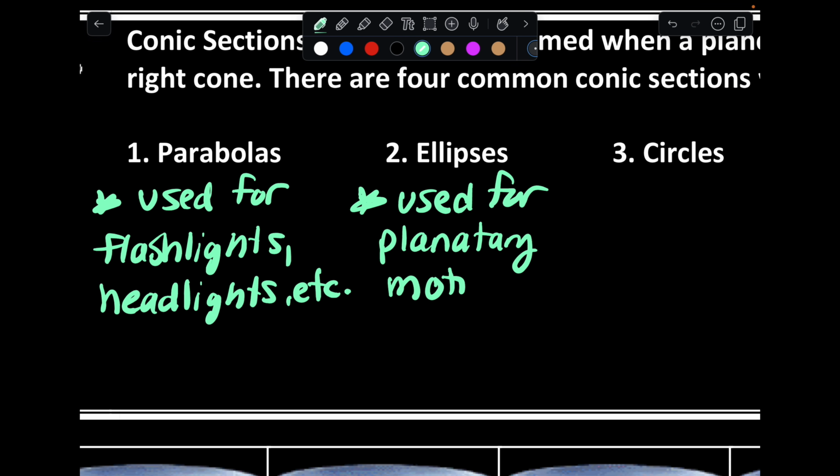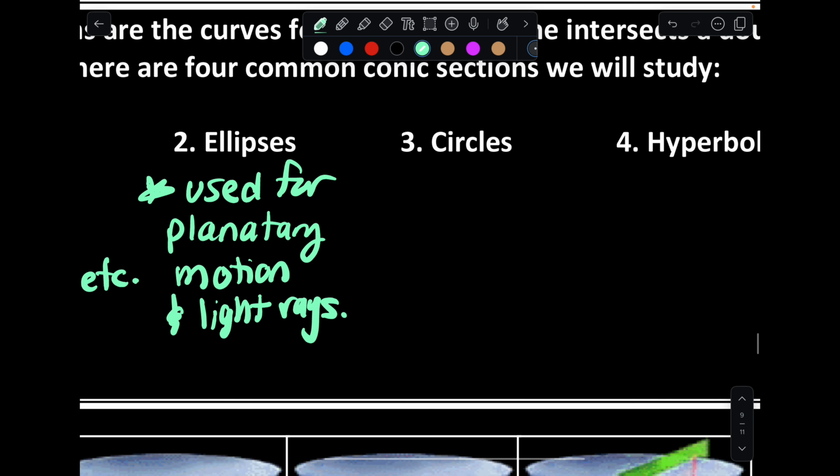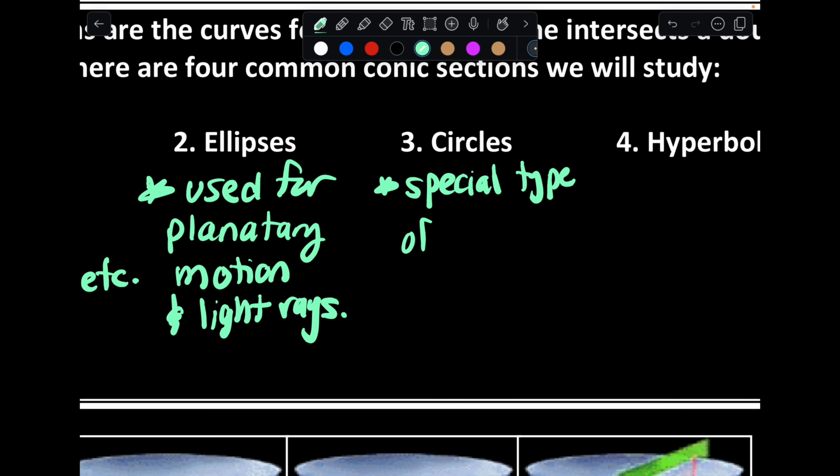And we can also think of light rays. There are other examples out there, but these are the two that people have seen before. Circles are a special type of ellipse, and we'll talk about why later in the video. So all circles are ellipses, but not all ellipses are circles.